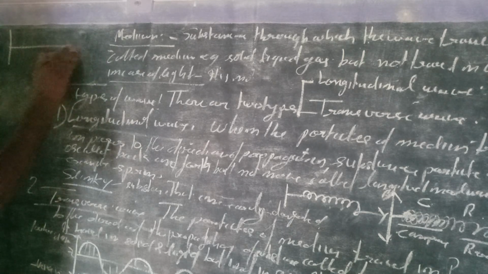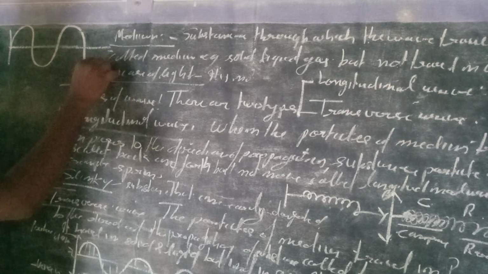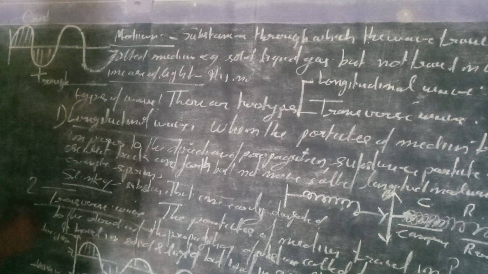Suppose we study the wave and try to understand it like this. It forms a crest, and this becomes a trough. This forms trough, crest and trough.